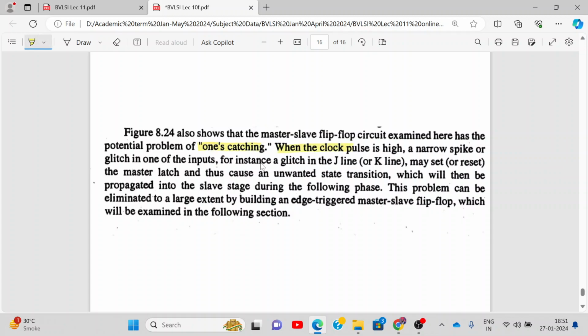See, when the clock is high, there is a glitch in one of the inputs, for instance a glitch in the J and K line. It may set or reset the master latch. This causes an unwanted state transition, which will then be propagated into the slave stage during the following phase. This problem can be eliminated to a large extent by building an edge triggered master slave flip flop.